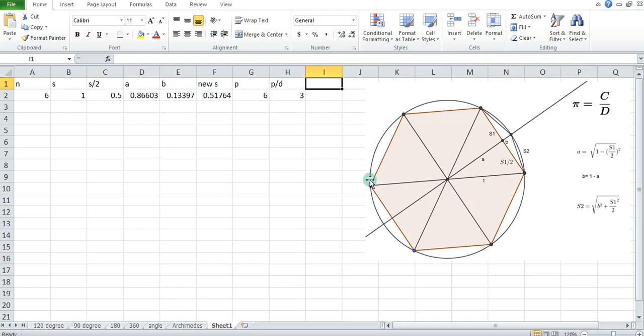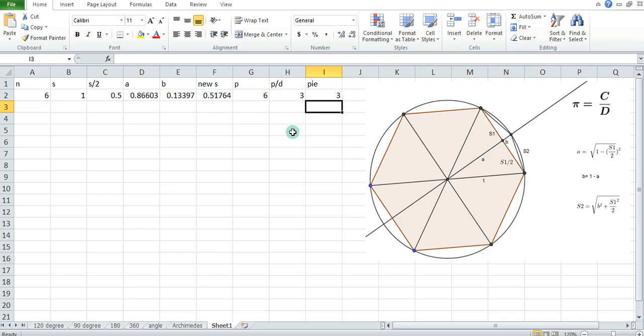So the pi is equal to this ratio, the constant value. So if we take a 6-side polygon as a circle, the value for pi is 3.